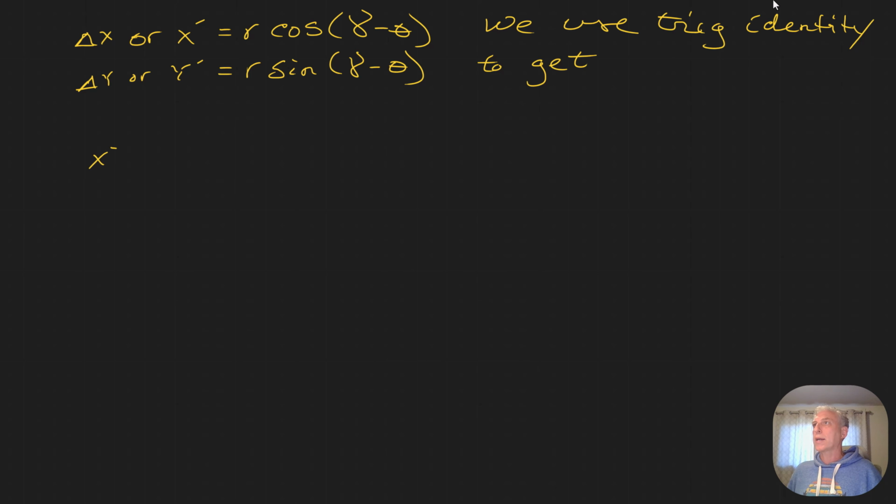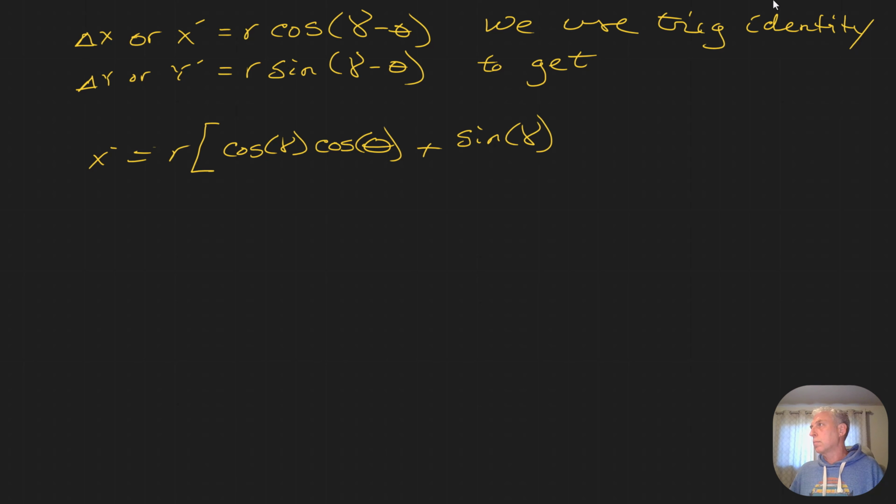So that our x prime becomes r, just applying a trig identity here, times the cosine of gamma times the cosine of theta plus the sine of gamma and the sine of theta.